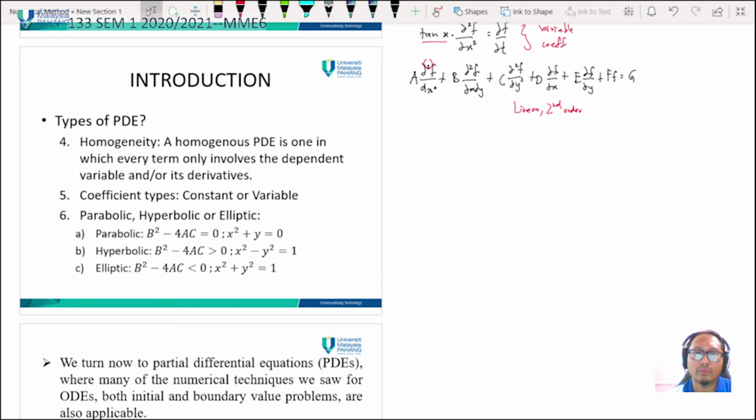Then the PDE is hyperbolic when b² − 4ac is larger than 0, where using variable substitution we obtain x² − y² = 1, which is a hyperbolic equation. And the last one is when b² − 4ac is less than 0, where we get x² + y² = 1, and this is an elliptic equation.